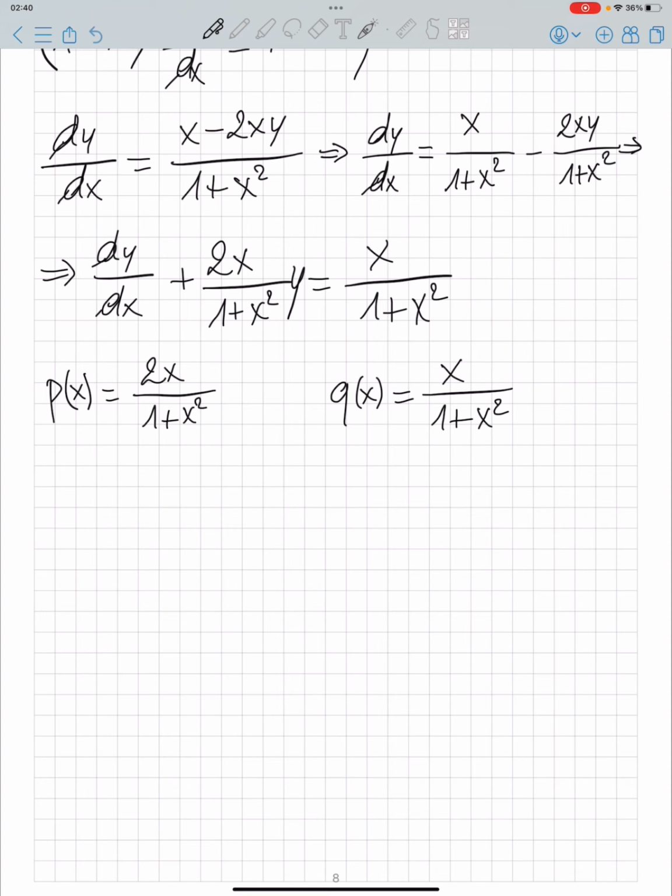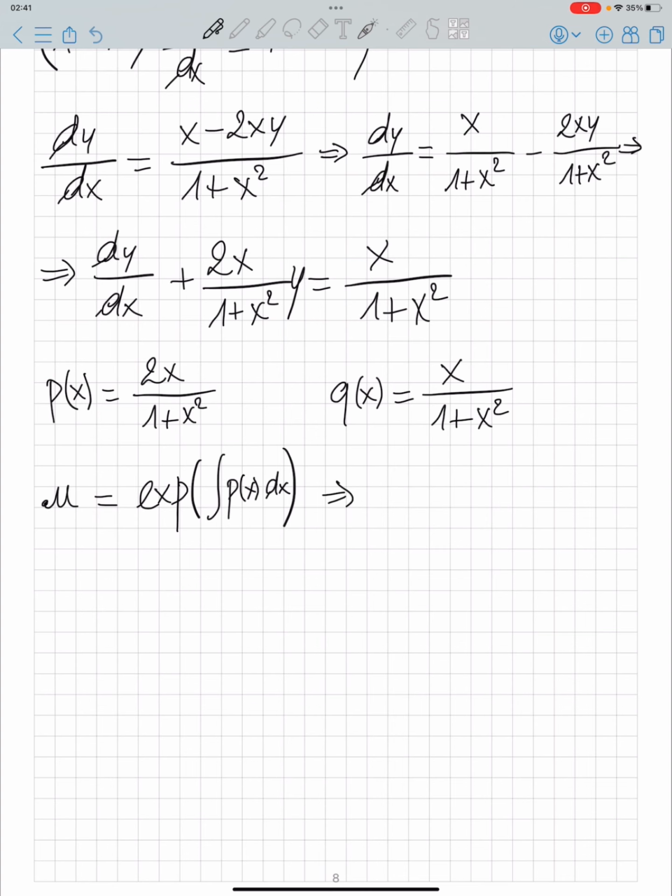Now we need to find the mu, right? And we've said that mu is equal to the exponential of the integration of p of x, right? So mu is equal to the exponential of the integration of p of x with respect to x, right?